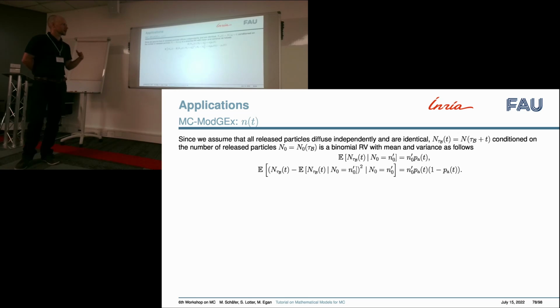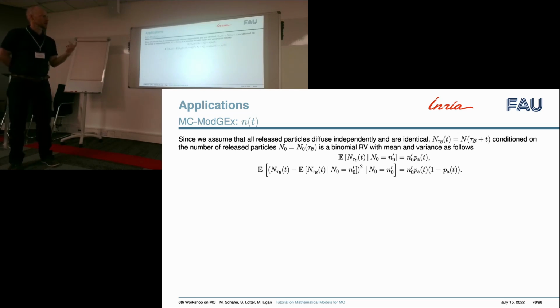And in the case of diffusing molecules that are assumed to diffuse independently, it's actually quite simple, because for each of those independent molecules, at some time t we would observe a Bernoulli experiment, right? So either at some time t the particle is absorbed by the boundary, or it's not absorbed. So these are the two possibilities.